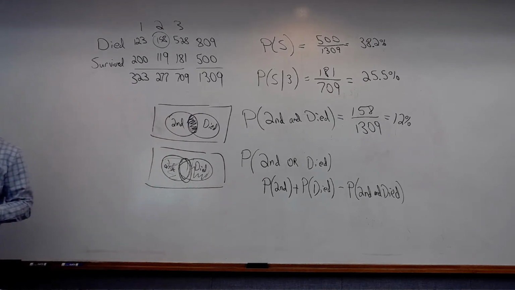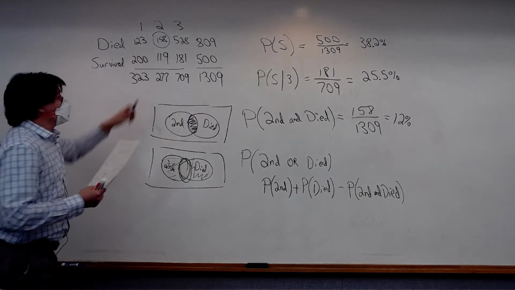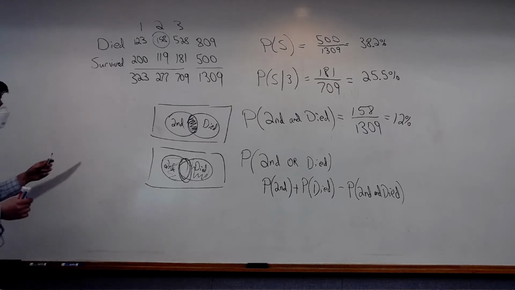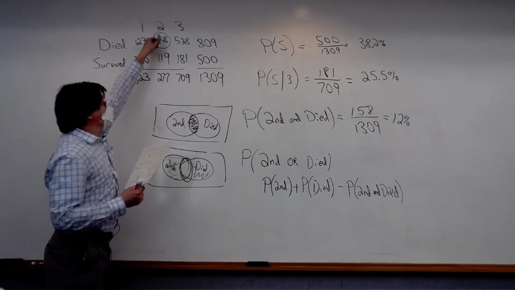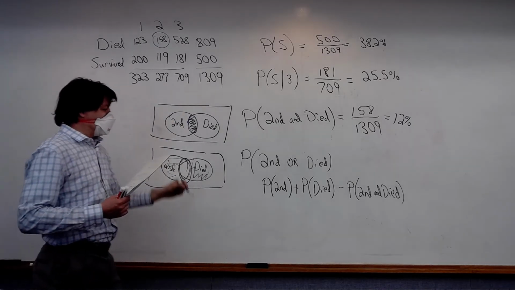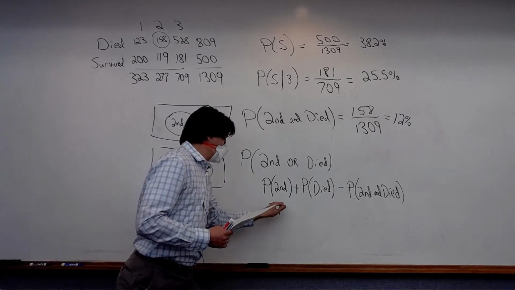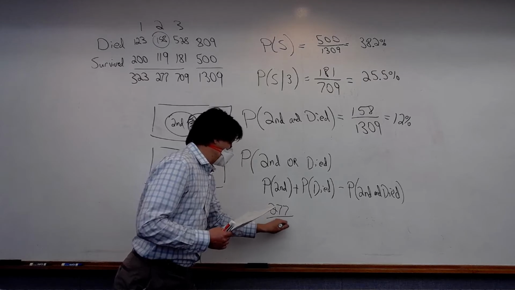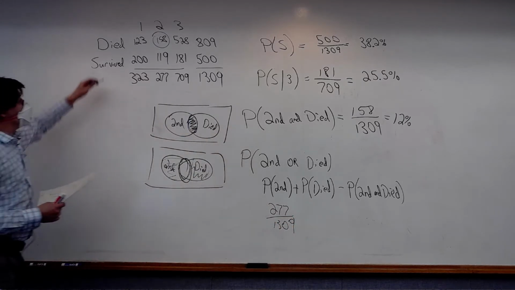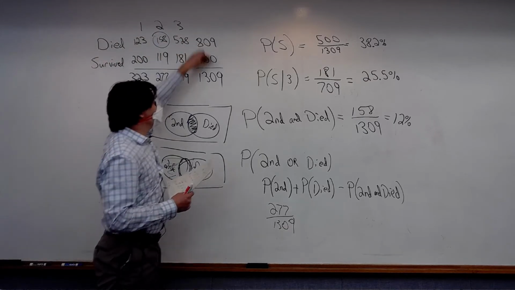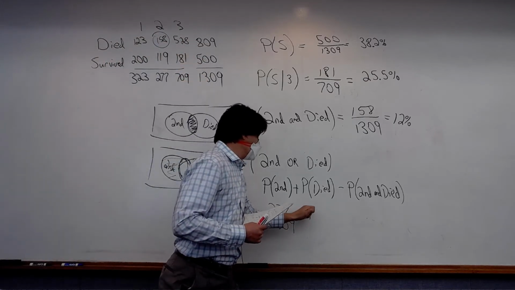Again, all of that can be found in our table. So what's the probability of being a second class passenger? We had 277 out of 1309. What about died? We had 809 out of 1309.